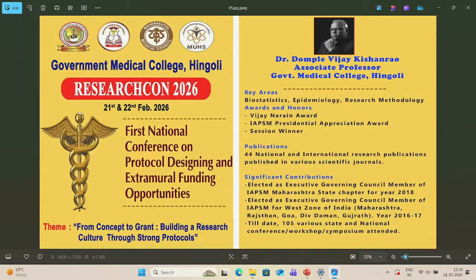He is an MPHS approved state faculty for research methodology workshops of affiliated institutions in Maharashtra. He was elected as executive governing council member of IAPSM for West Zone of India from 2016 to 17, that is Rajasthan, Maharashtra, Goa, Gujarat, Daman and Diu.